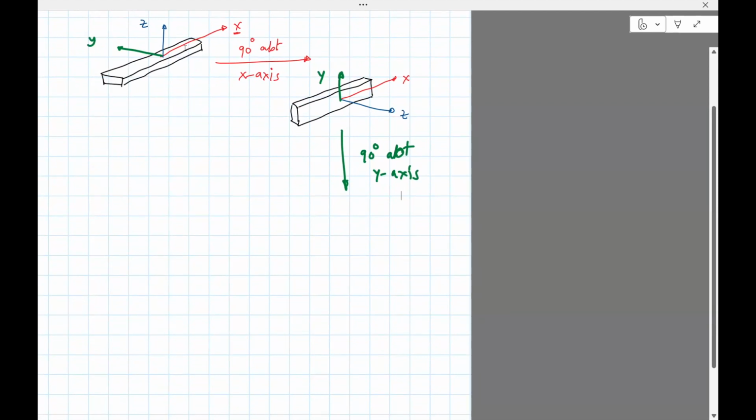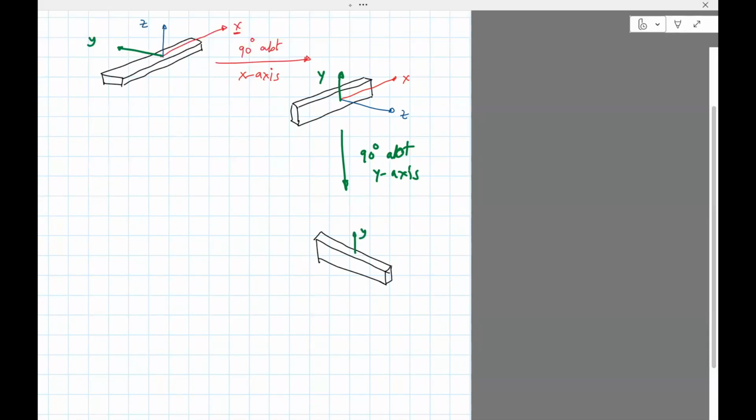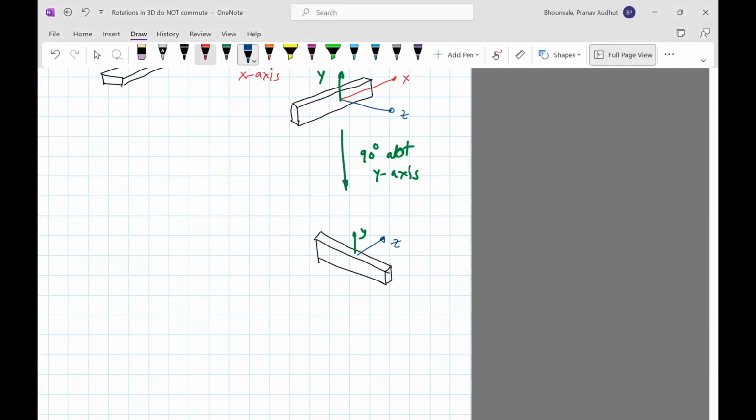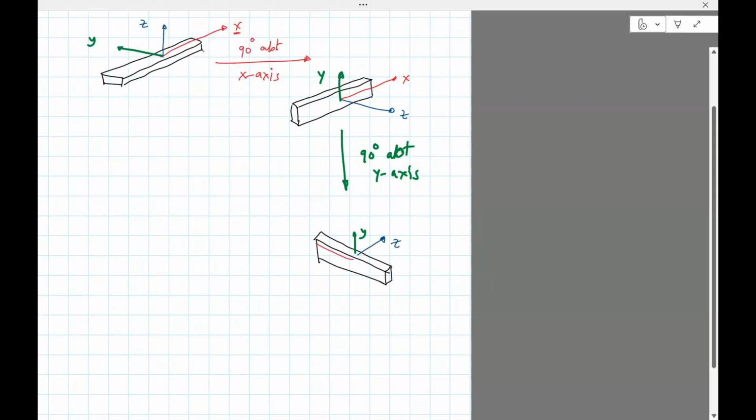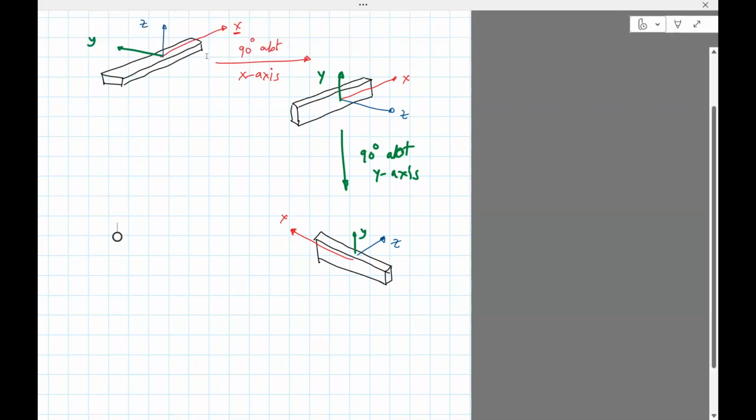And so if you do that, then you end up with y still pointing up. Z would be this way. X would be in this fashion. And that's about it.